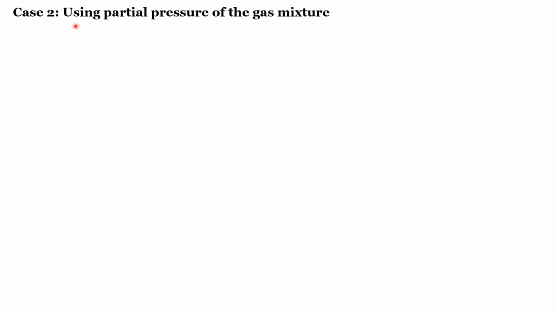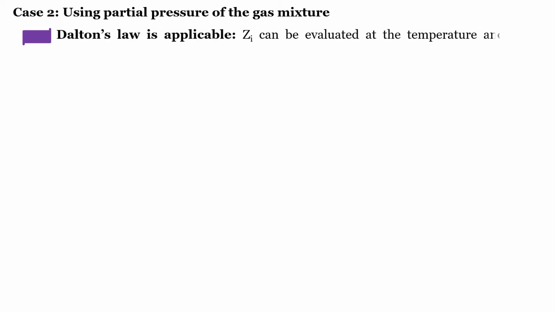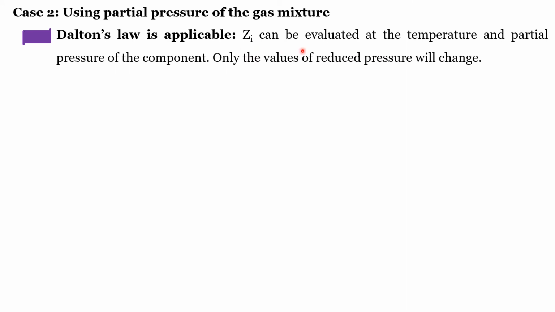So in case 2, we will use the partial pressure for estimating the reduced parameter. In order to estimate partial pressure, we are assuming that Dalton's law is applicable so that we can evaluate Zi at given temperature and partial pressure of the component.